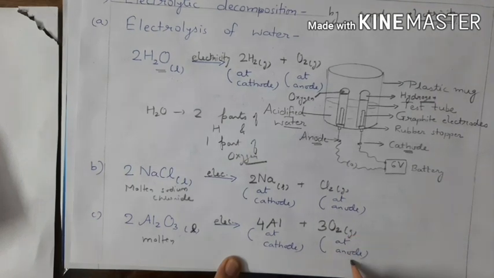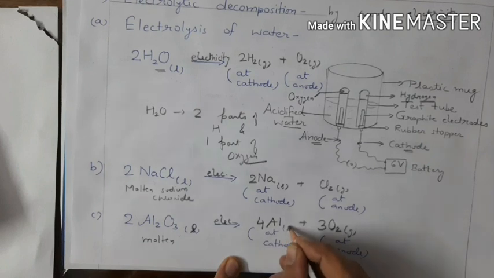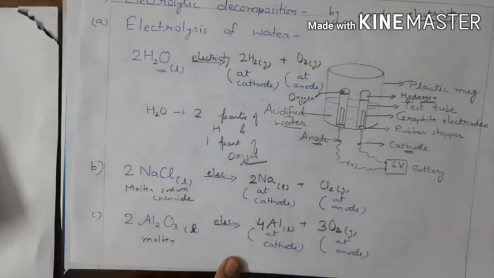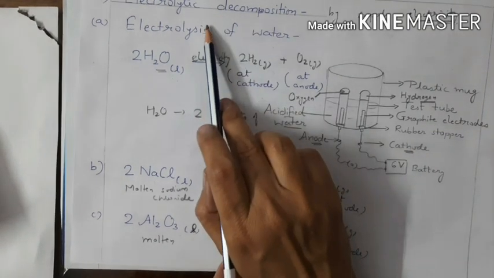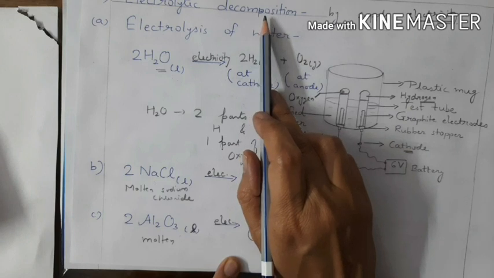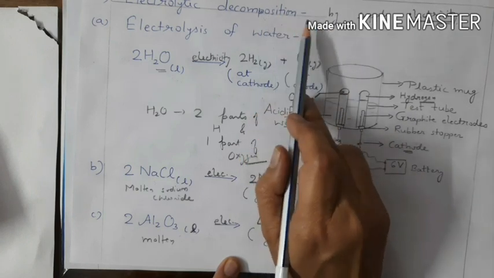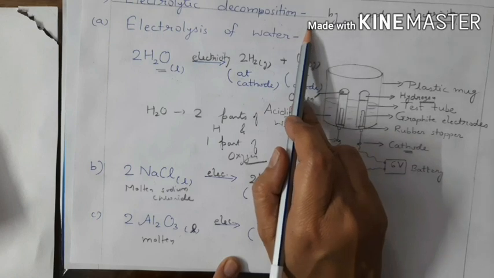Oxygen is obtained at anode while metal aluminium is obtained at cathode. This is how we can use electricity to break down a substance into its simpler substances. We can carry out the decomposition by passing electricity.